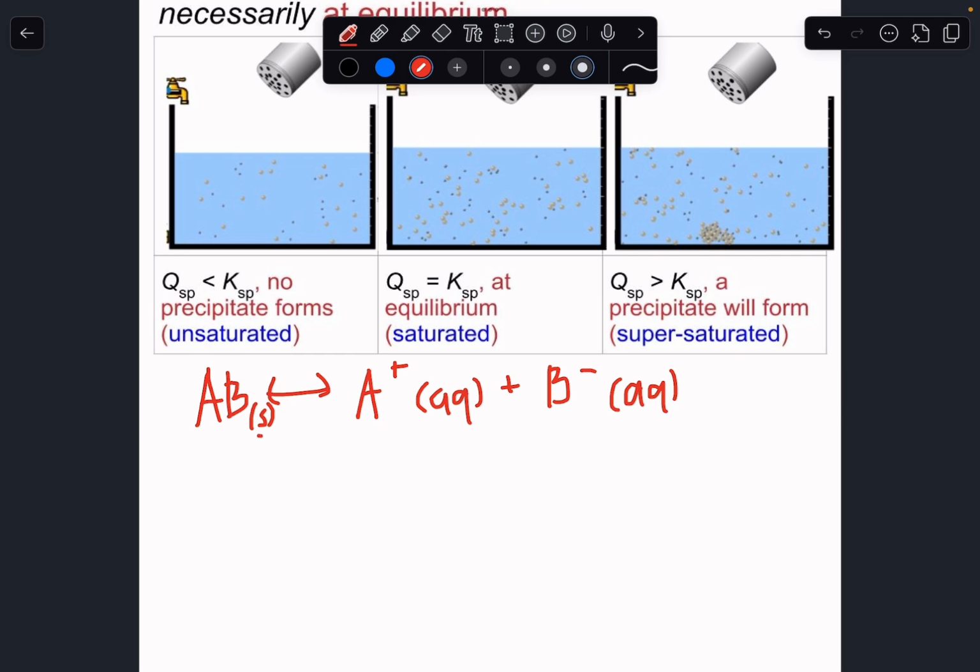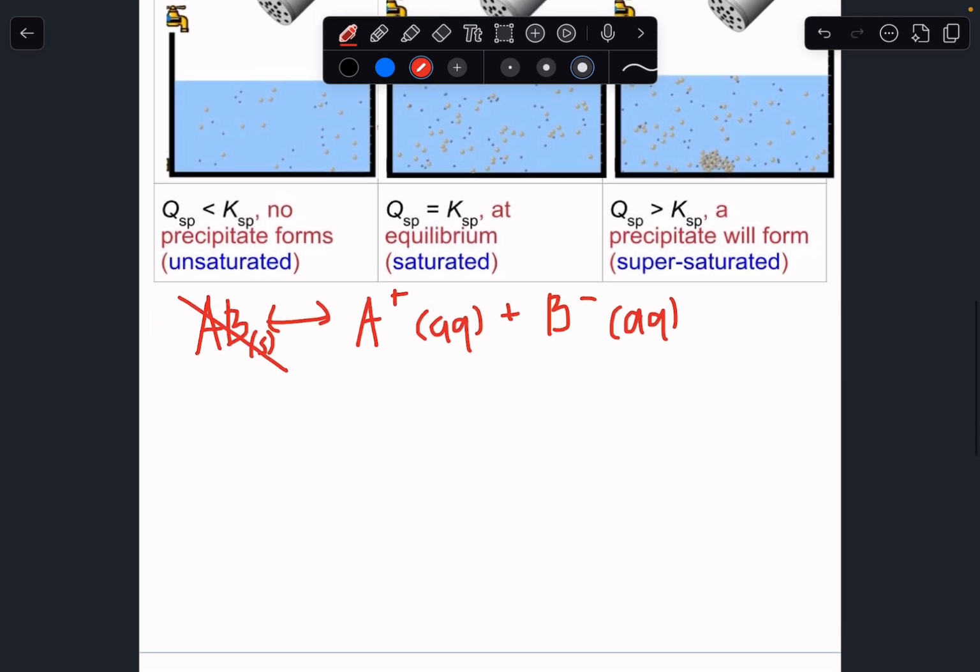And this one would be a solid because this is the salt you're starting with. When you write your equilibrium expression, remember that we don't include solids in it. So this would not be included in the Q or K, depending on whether or not it's at equilibrium.